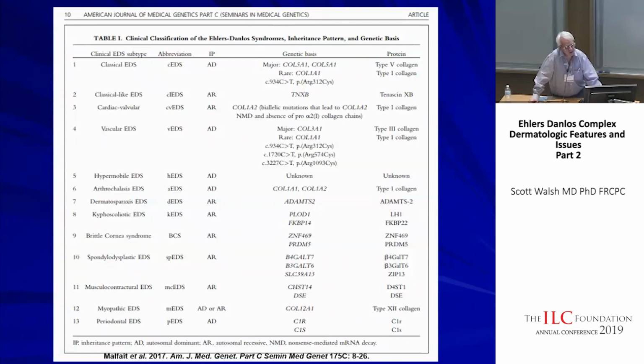The criteria was a mixture of features that you see in other connective tissue diseases like Marfan syndrome, with some things that you see in Ehlers-Danlos syndrome. The unfortunate part is that a lot of people then were told that you don't have hypermobile EDS anymore, even though you have a lot of features, and they came up with this hypermobility spectrum disorder.